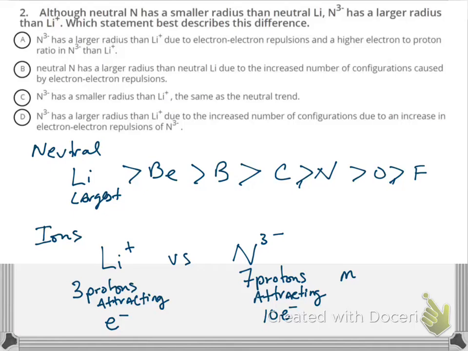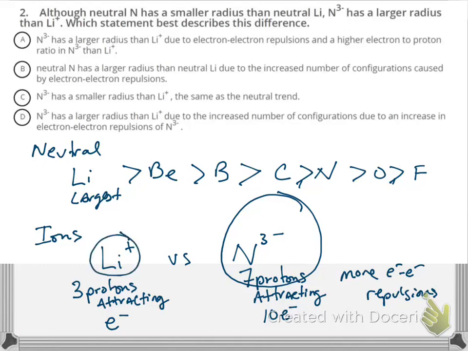If there are fewer protons to electrons, then there's an overall increase in size as the repulsions become a more dominant term. And so the more electron repulsions there are, we would expect it to puff out, be a bit bigger than lithium, which only has 3 protons attracting 2 electrons. So this would be much larger as the 10 electrons are repelling each other with only 7 protons holding them in.